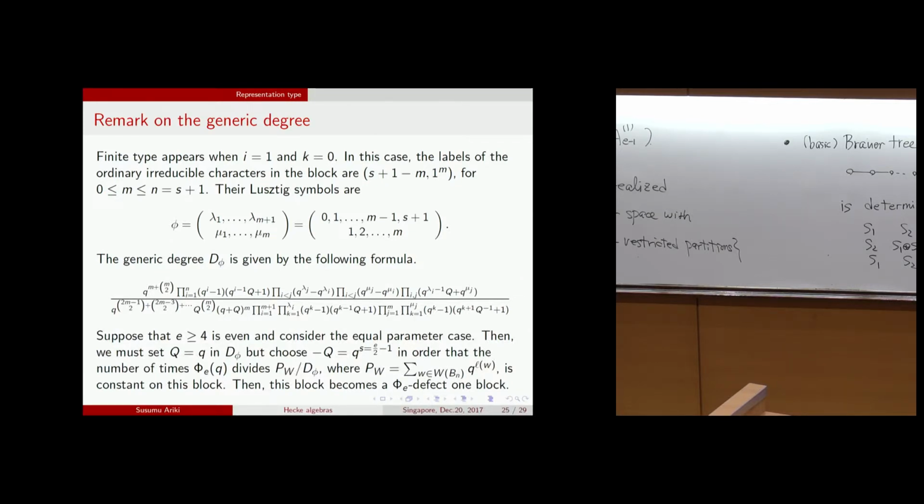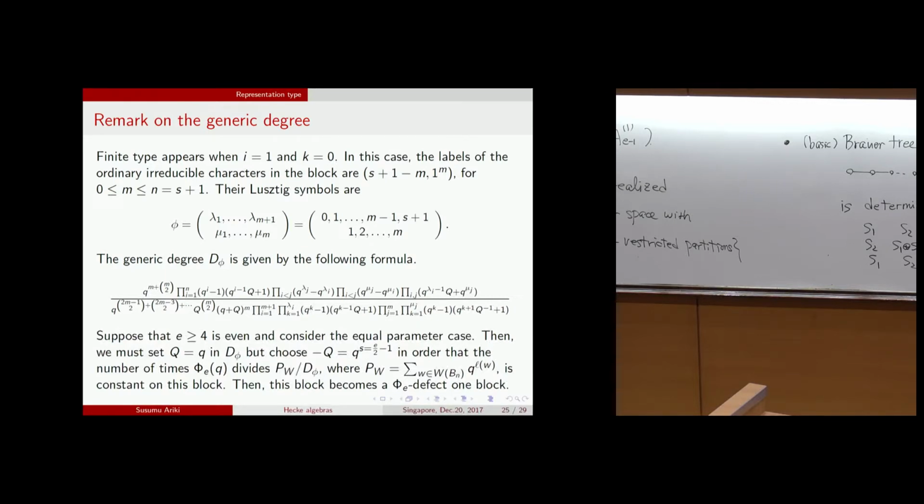one needs other assumptions. For example, in type A, he needed the assumption that the characteristic of the field must not divide the order of the Weyl group. So it is a much stronger assumption than our assumption that the field is only of odd characteristic.